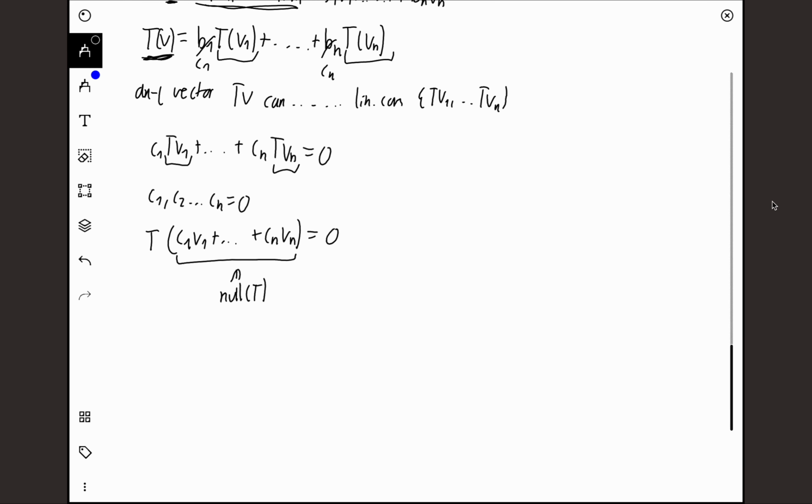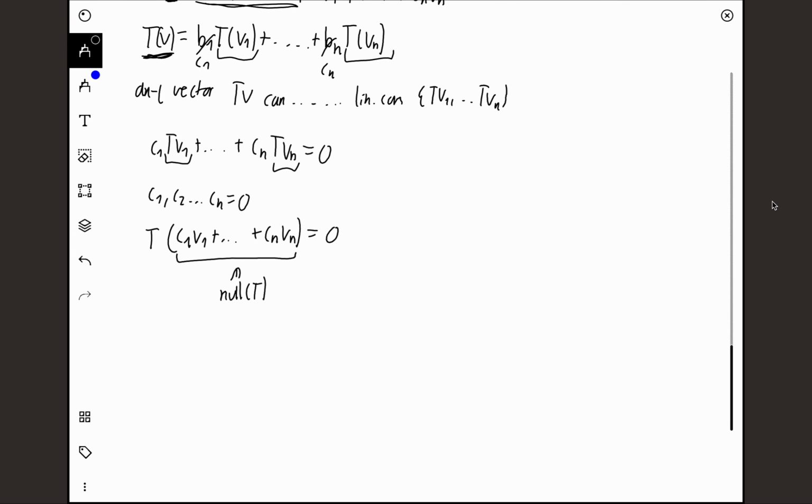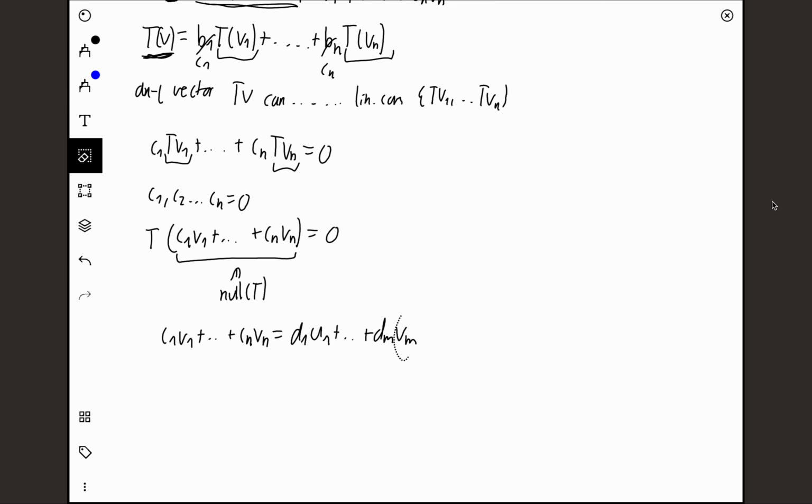But we also have a basis for the null space of T, and the basis is the u vectors. So if this vector c1 v1 plus ... cn vn is in the null space of T, then we can also write this vector in a different way, say d1 u1 plus ... dm um, because u1 to um are basis vectors for the null space of T. So any vector in the null space of T can be written as a linear combination of its basis vectors, and the scalar coefficients are just d1 to dm.